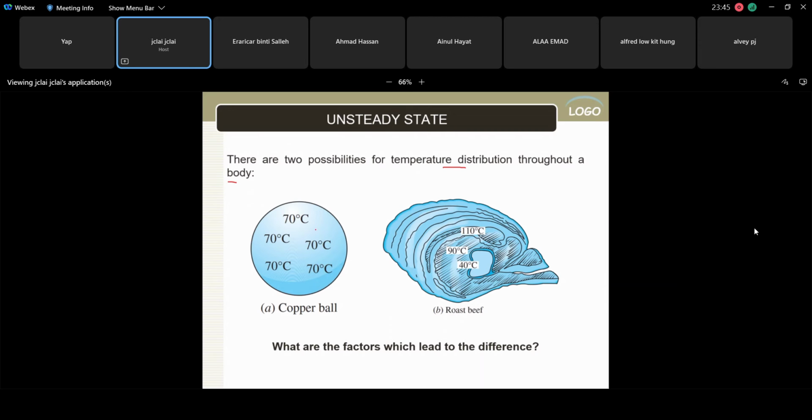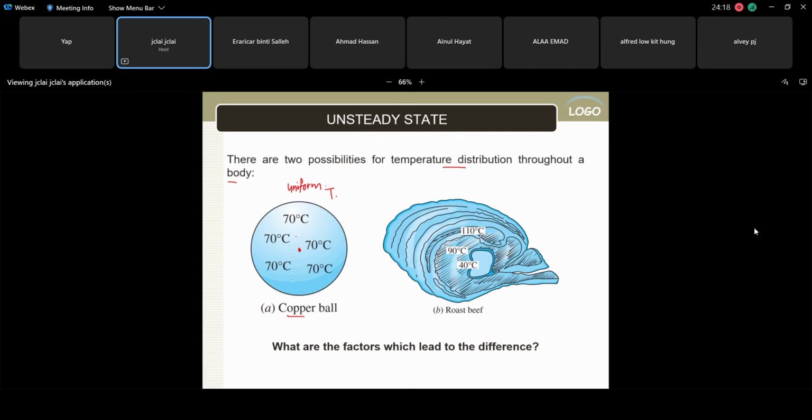Possibility number one is that the temperature of the whole body remains the same, or we can say it is uniform. Meaning, let's say this is a copper ball. The temperature at the center of the copper ball and the temperature at the surface of the copper ball are almost the same.